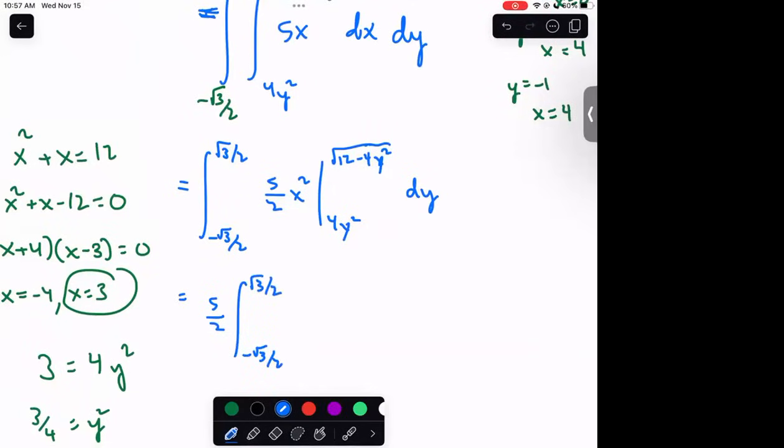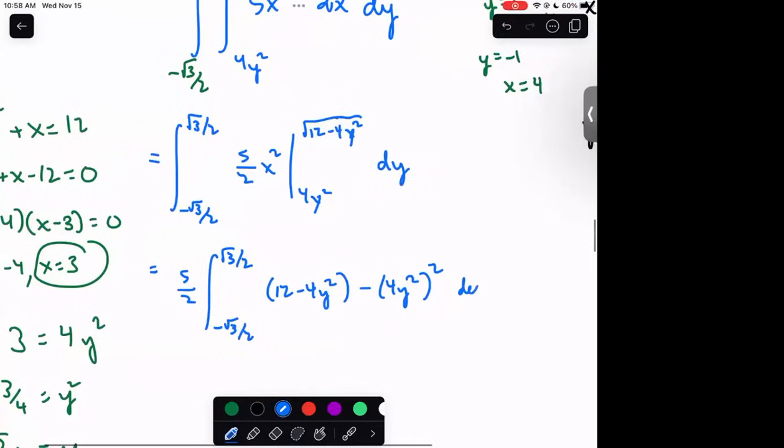And so when I plug into my x squared here, the square root is going to nicely cancel. And we're just going to get 12 minus 4y squared, what was inside of our square root. And then I need to subtract away, and I need to plug my 4y squared again into x squared. This one doesn't have a square root to nicely cancel. Well, such is life.